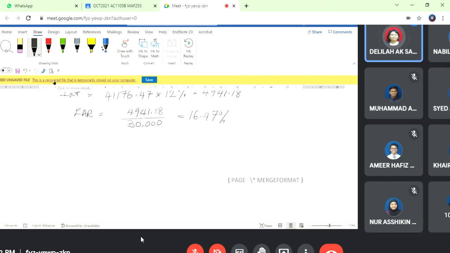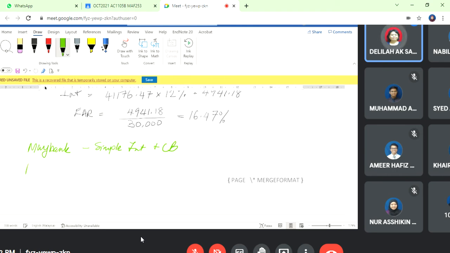Okay. So now, when you are given questions in the exam and they tell you that you can borrow money from Maybank. Okay, Maybank let's say gives you simple interest, but it has a compensating balance.